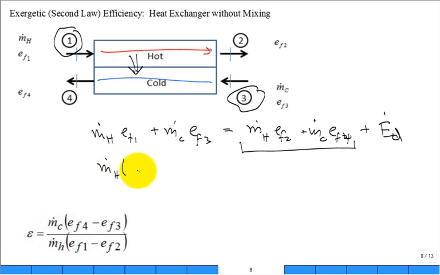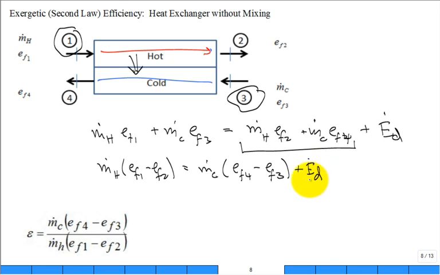Let me rearrange it like this. M dot hot, EF1 minus EF2. That's what comes out of the hot fluid stream. Mass flow rate cold, EF4 minus EF3. That's what goes into the cold fluid stream or is destroyed. And so then our exergetic efficiency is what we desire, a lot that gets into the cold fluid stream, divided by where it comes from.